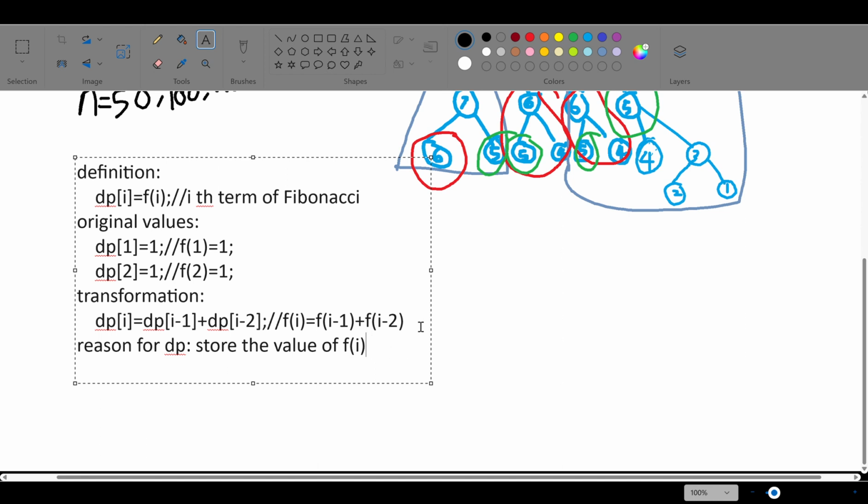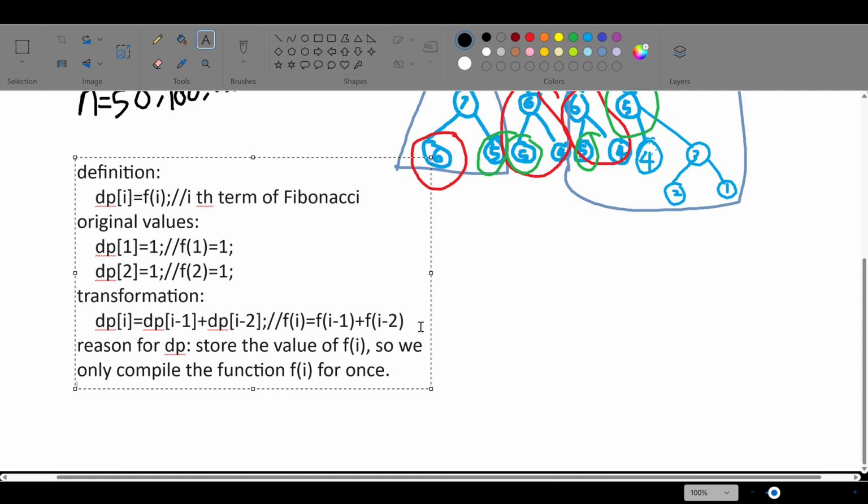So what's the point of this though? Basically, the reason for DP is that we store the value of F(i), so we only compute the function F(i) once.